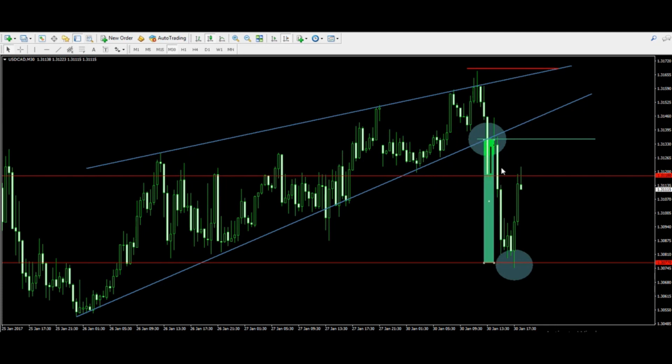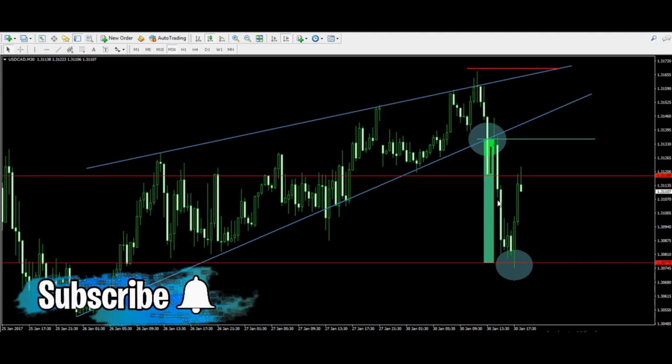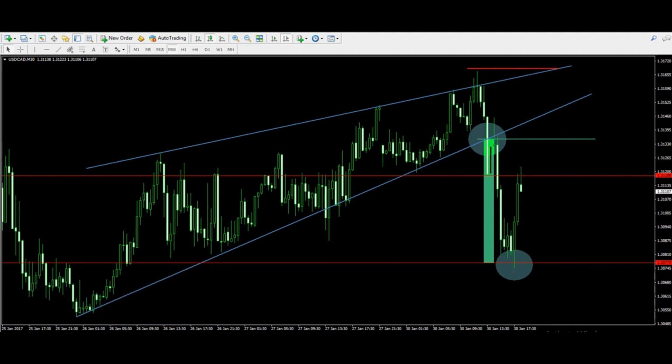Right over here, as you see, the distance is absolutely the same, and the price action hits the 1.3077 level, which was our take profit level, and this way we generated a profit of 41 pips.